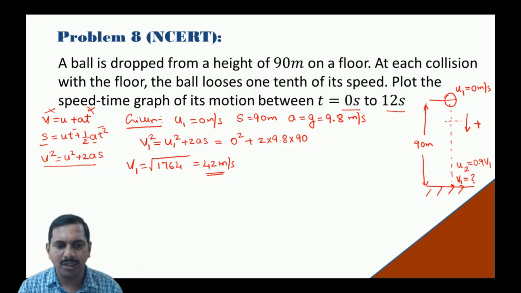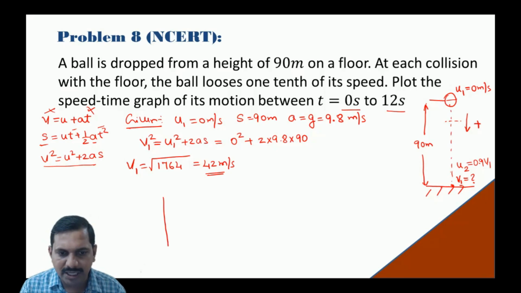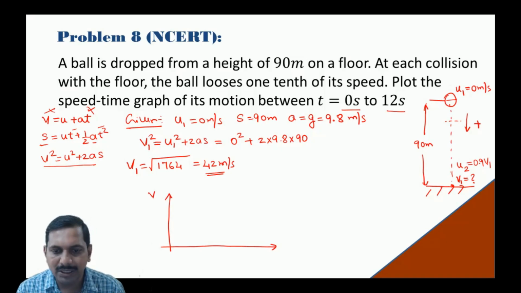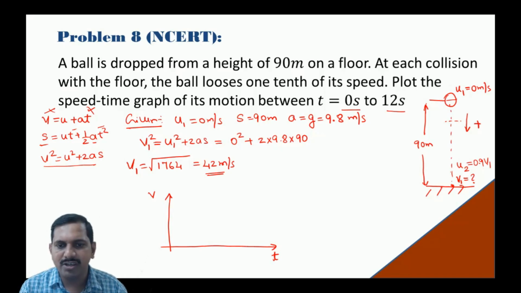Now when we have to plot the velocity versus time graph, velocity is known, but time is not known. So let us calculate the time. To calculate the time, we will use the first equation: v1 is equal to u1 plus a into t1. Let me call it t1.